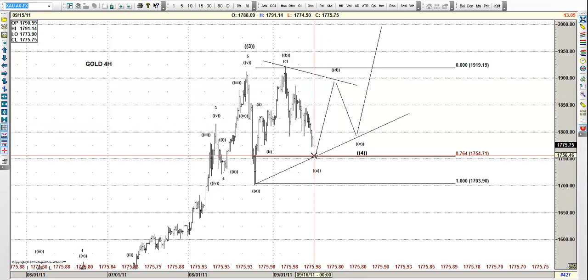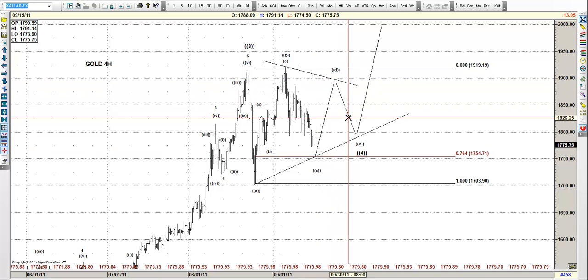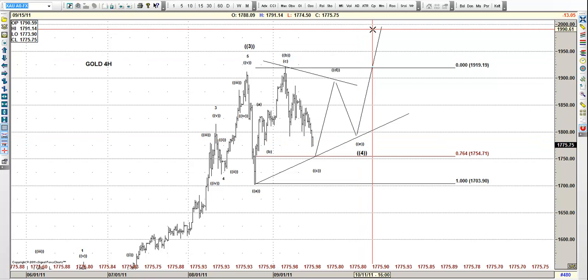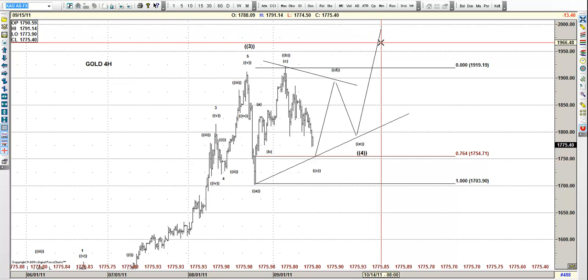When gold hits 1754. Then this is going to make the B wave on the dollar. In other words, the dollar is going to get strong here. The E wave, the dollar is going to get weak here, and then the dollar is going to sprout in the risk aversion to the outside when it's going to take the euro around the 130 area. You see, guys, how everything fits.